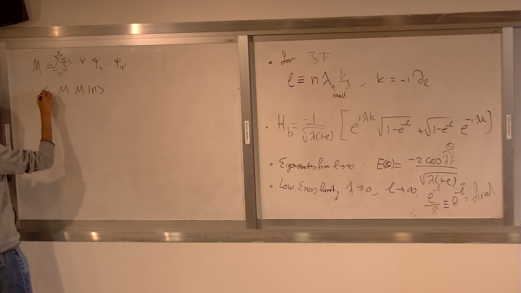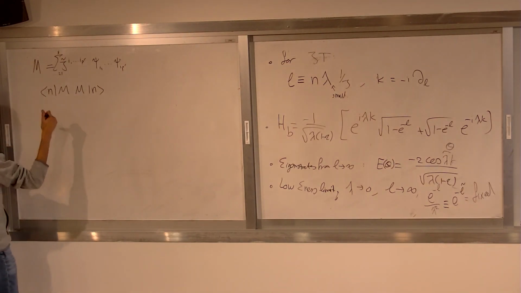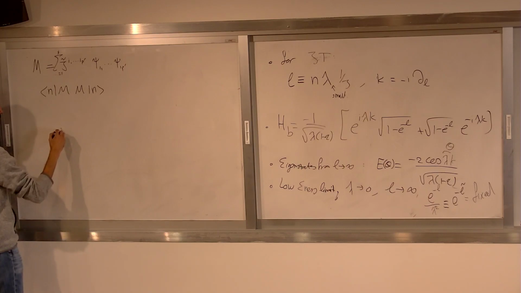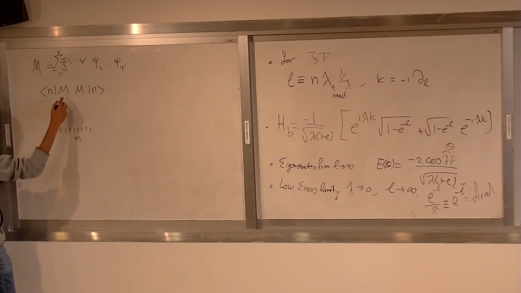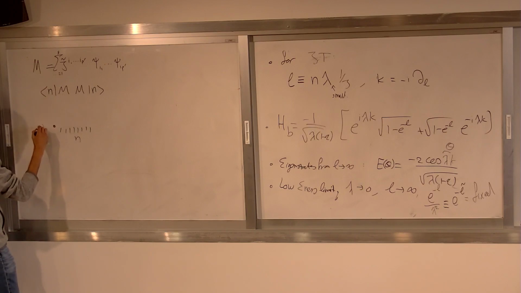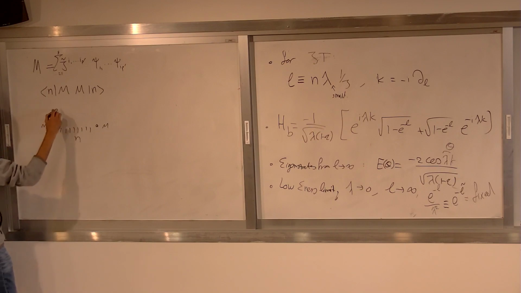What I mean when I write this expression is that I have a state of n chords. I insert n here and an n here, and then I close it with n chords. That's what I mean by this expression.